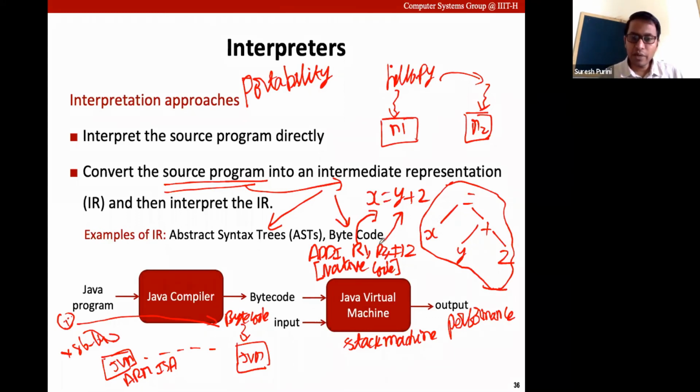Whereas if you look at this add I instruction, there is no main memory access at all, except for the instruction fetch. Here you have to do many main memory accesses and this tree traversal, and so on, because it turns out to be very expensive. So while interpreters are good for portability, they are bad when it comes to performance. So this is the issue.